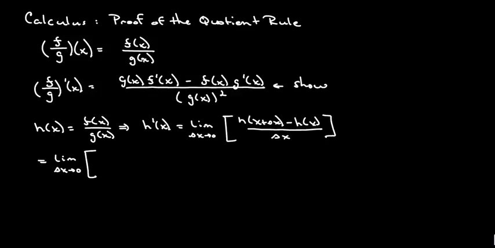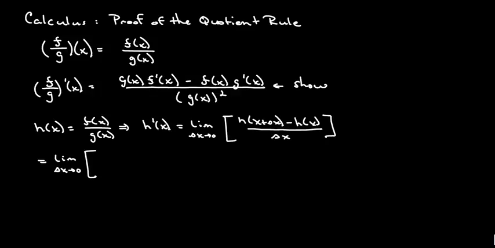Now, one of the things I didn't mention here is that f and g both have to be differentiable functions at whatever x value you're looking at. So this whole thing breaks down if either f or g aren't differentiable, or g of x is equal to 0.